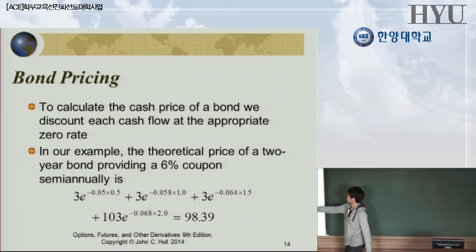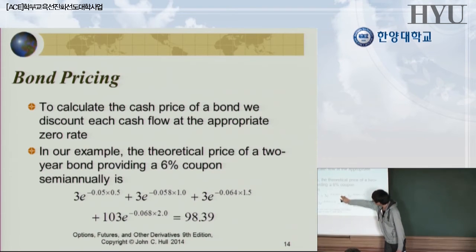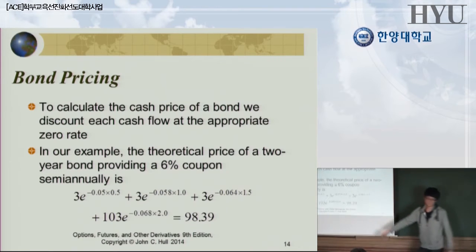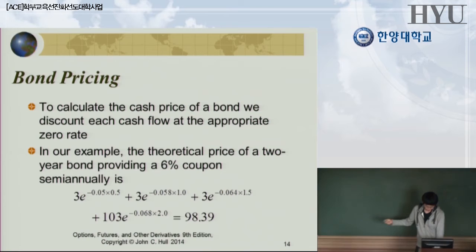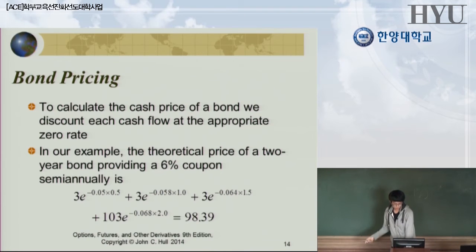The next one is the same. If maturity is 1, the discount rate should be 0.055. So like that, we can calculate the bond price.